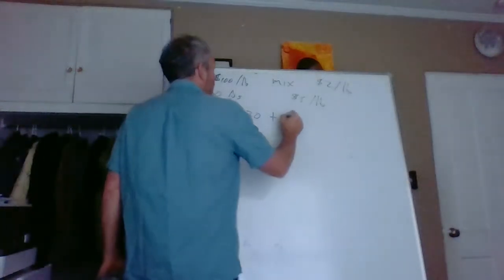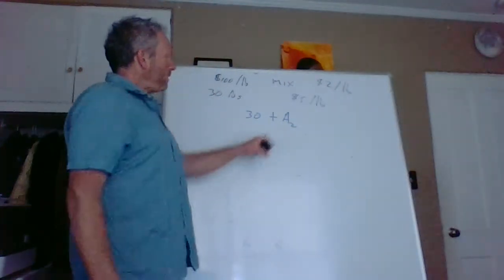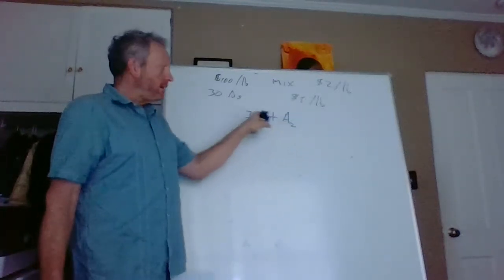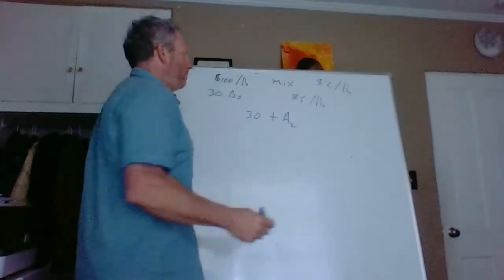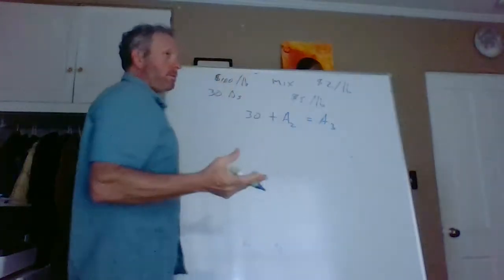We don't know. Now here it seems a little silly to write down a sub 2 is just the amount of the $2 coffee, but here I'm really using that template, amount of the first stuff, amount of the second stuff, and then what's the amount of the mixture? Well, we don't know how much that's going to be.